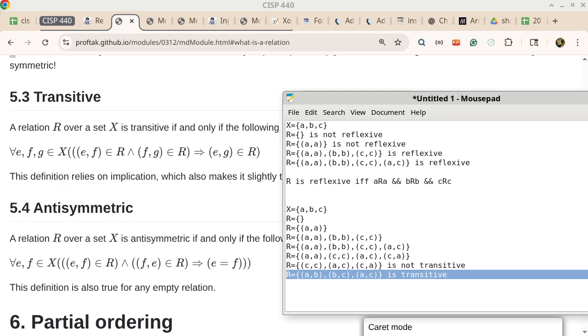One person comes up with the subset, and the other person has to evaluate: is it reflexive? Is it symmetric? Is it transitive? Is it anti-symmetric?